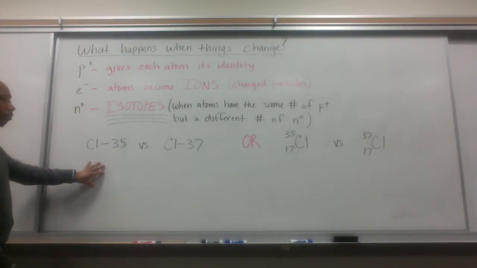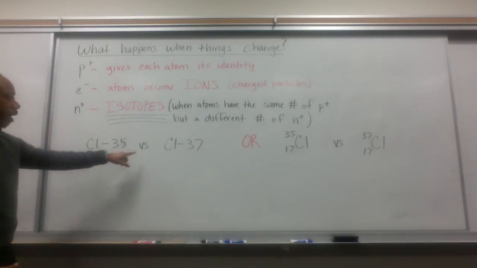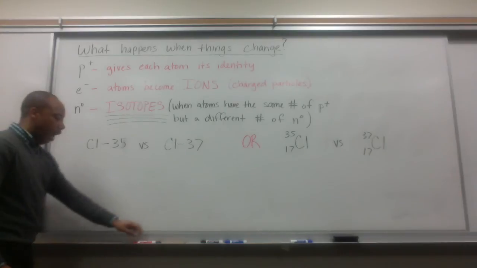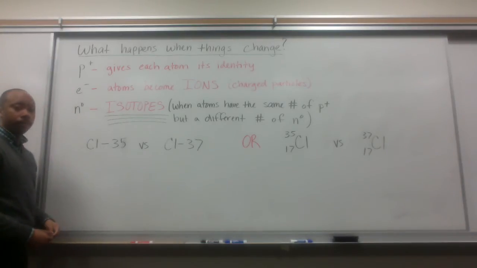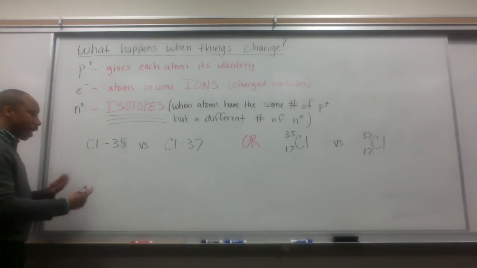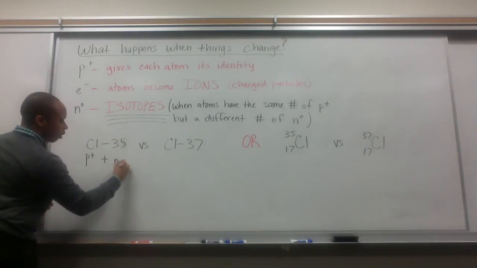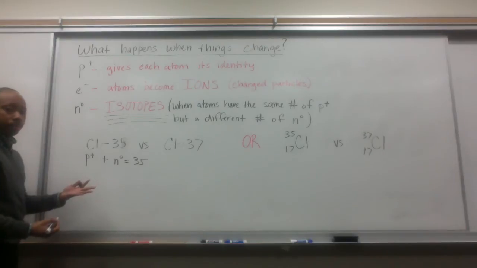In nature, if I took a random sample of chlorine gas, I'd have chlorine-35 and chlorine-37. Now this number 35 is our mass number. It says chlorine has a mass of 35. The mass of the atom comes from protons plus neutrons, and that should equal our mass, 35.